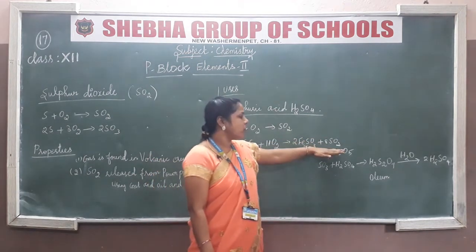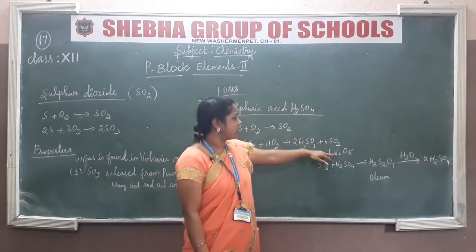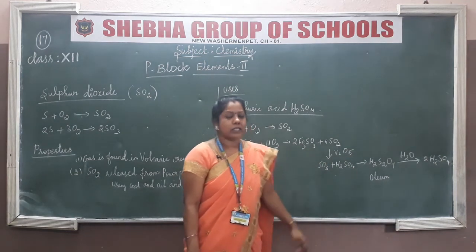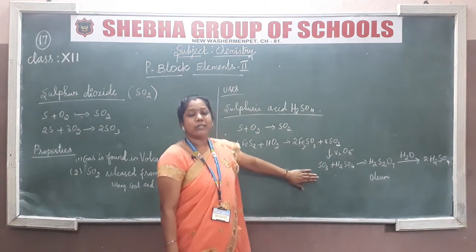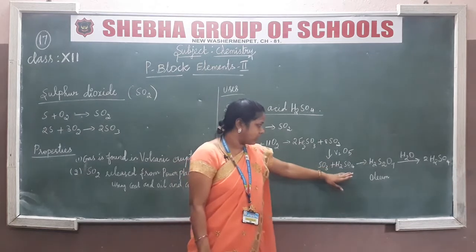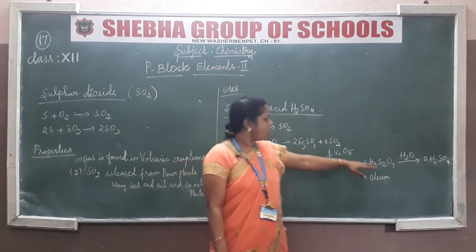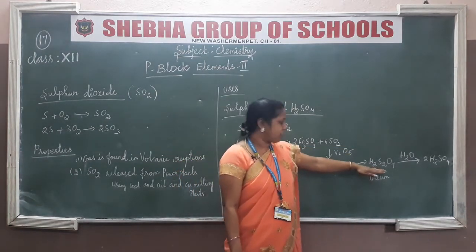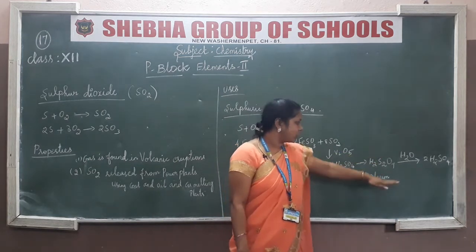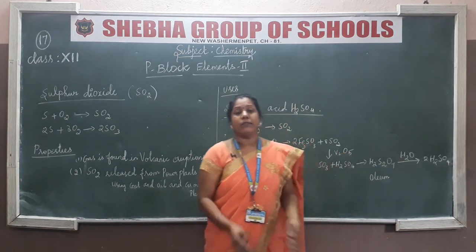And using a catalyst, V2O5 vanadium pentoxide, it is changed into sulfur trioxide and sulfuric acid, and we get the oleum, that is H2S2O7, and then the oleum is hydrated. Finally we get sulfuric acid.